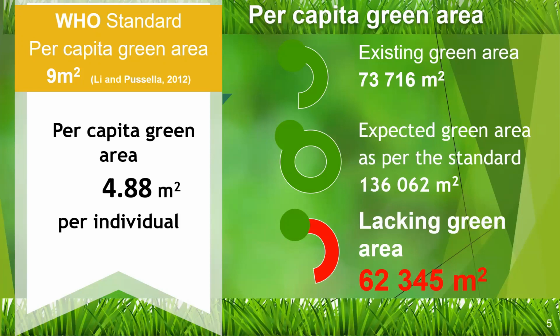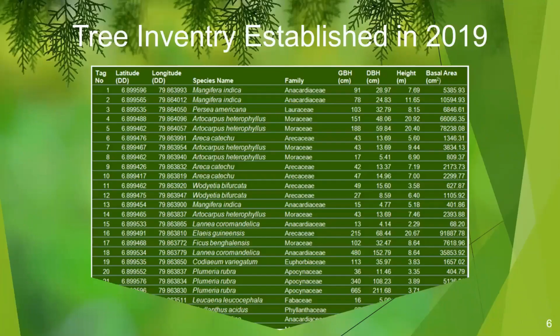So some policy decision to necessarily include some green area within newly proposed building projects in the future. Then the other activity we wanted to implement is the tree inventory for the university.